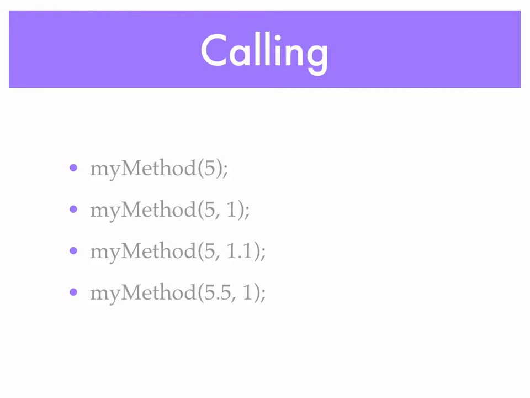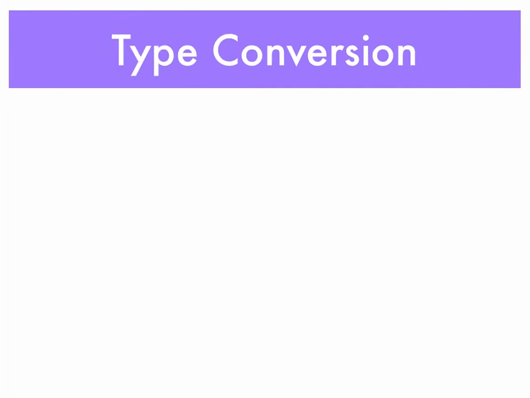So these are valid calls to myMethod, passing along values that match the number and type of one of my four overloaded methods.